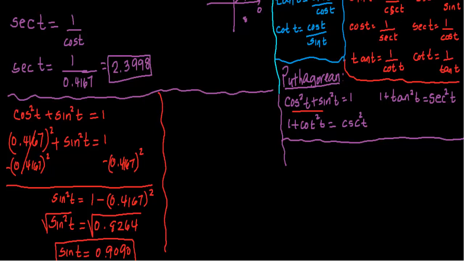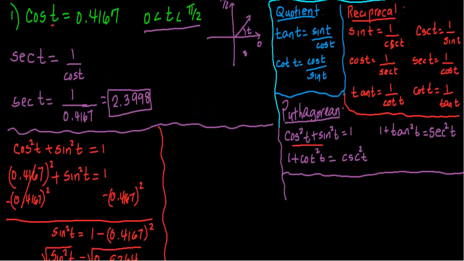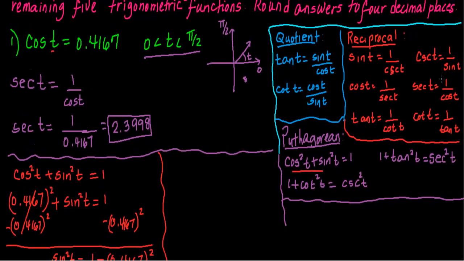Now it's very easy to find all the other values. I'm going to scroll up here. I have cosine, I have sine, and I have secant. Now notice tangent is sine over cosine. These two values I have, so I can find these two very easily. Let's do tangent of t is equal to sine of t over cosine of t.